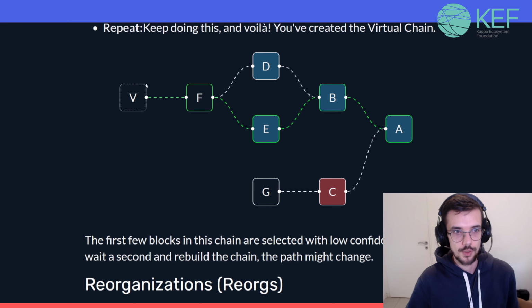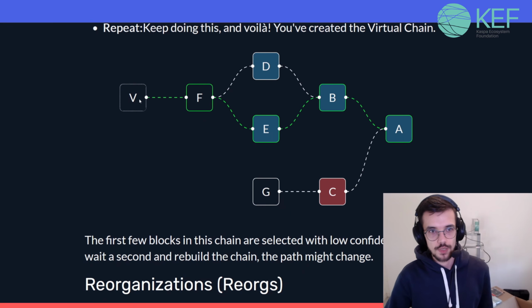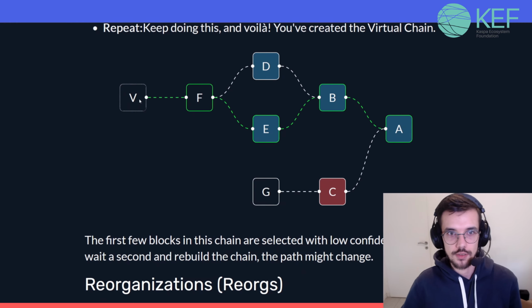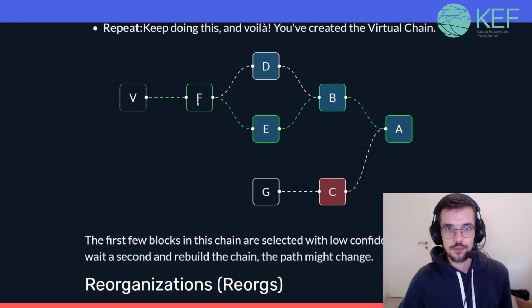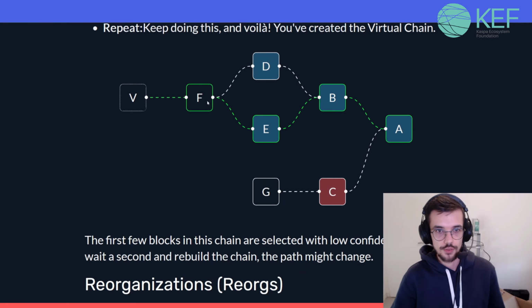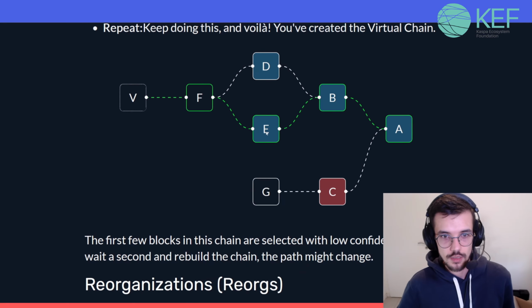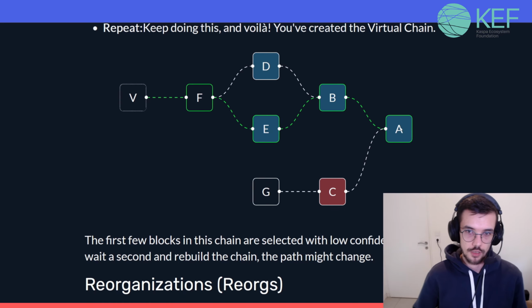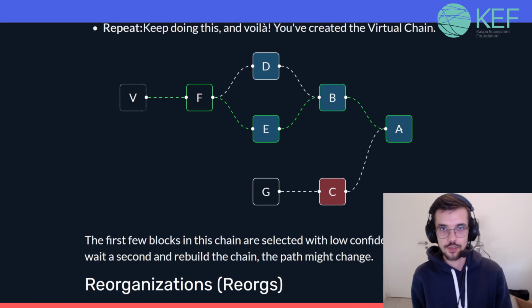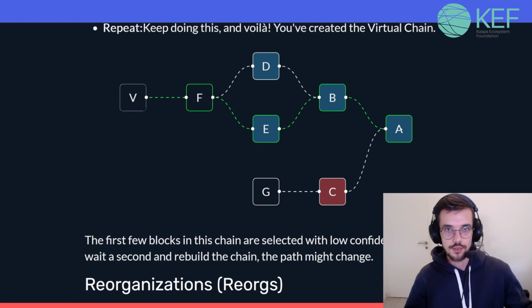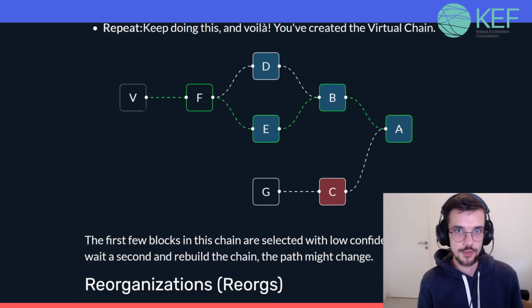From V's perspective, we're going to pick its selected parent, which is F in this example. And F already has a selected parent, which is E, etc. Up until the genesis, you can build this virtual selected parent chain.